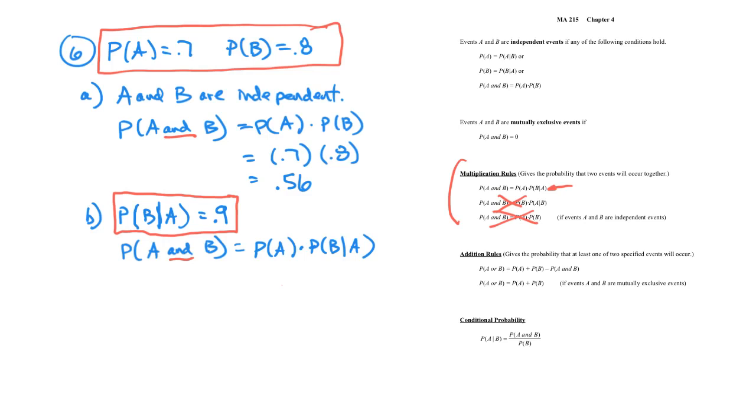So once we figure out the one we can use, the probability of A is 0.7. Probability of B given A is 0.9. Multiply these together and get 0.63. Okay, so again, just have these with you when you do your homework, and you're basically going to be using these two sections here, depending on whether it's an and or an or.